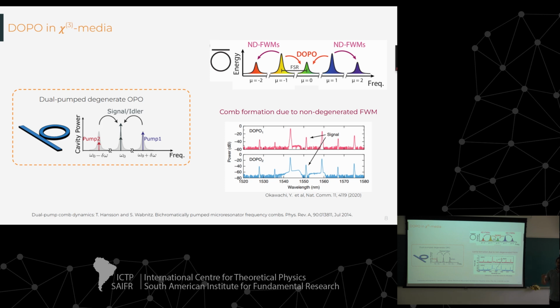Several other modes start to oscillate, and this can be a problem for us, because first it's taking energy away from our desired signal. And second, it can provide instability or complex dynamics of our system.